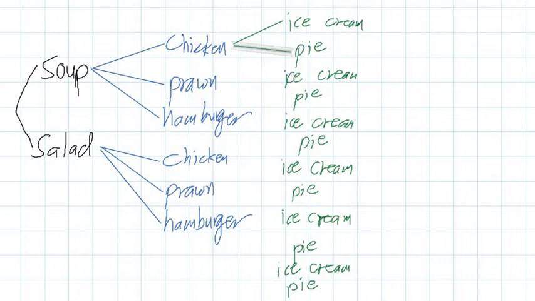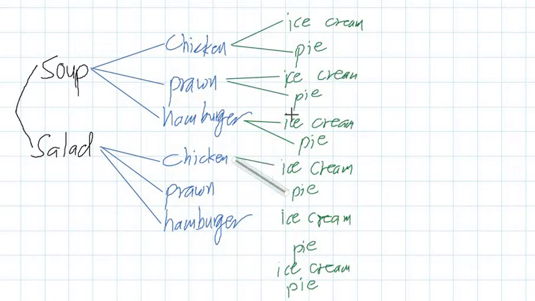After I had prawns, then that's the time that I decide ice cream or pie. Similarly, after choosing hamburger, I can also choose ice cream or pie. Same goes with if I chose salad as my entree and chicken as my main, then I can have either ice cream or pie as my dessert.